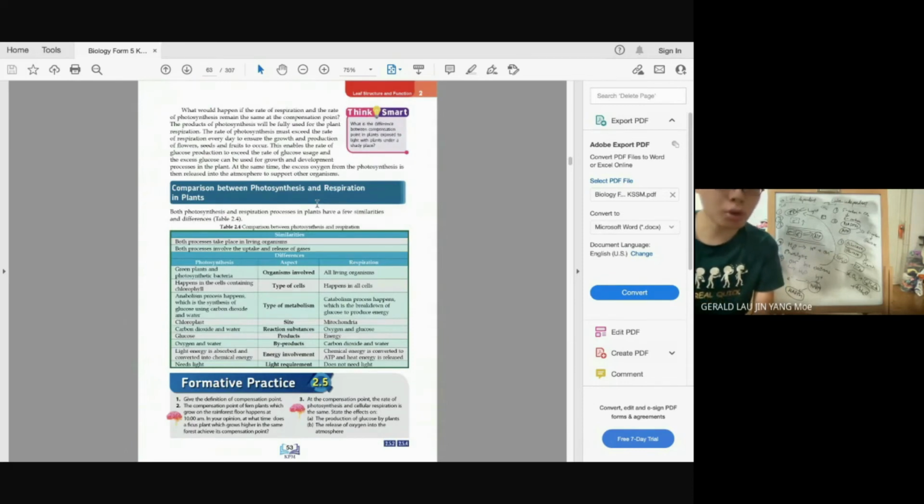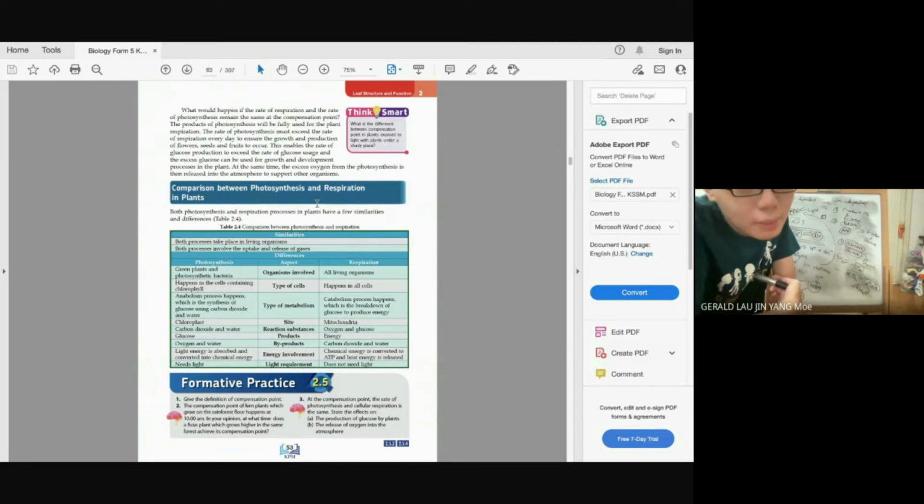Okay. So comparison between the two. This one actually, you learned already in Form 1. So similarity: both processes take place in living organisms and involve uptake and release of gases. Photosynthesis is only in green plants and also organisms that contain chloroplast and chlorophyll, but respiration is for all living organisms.